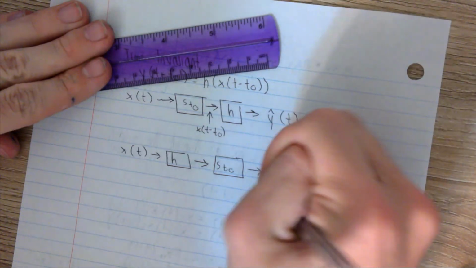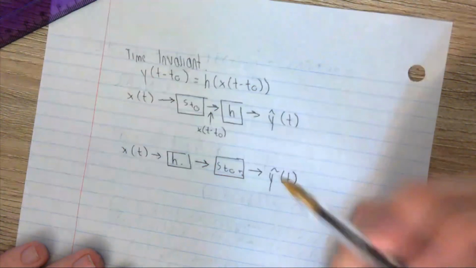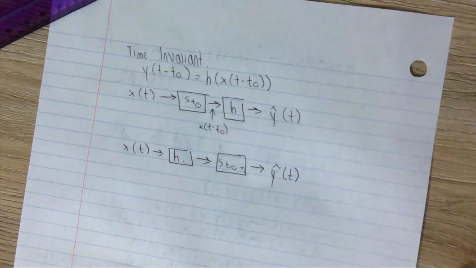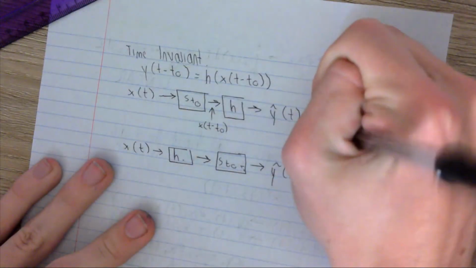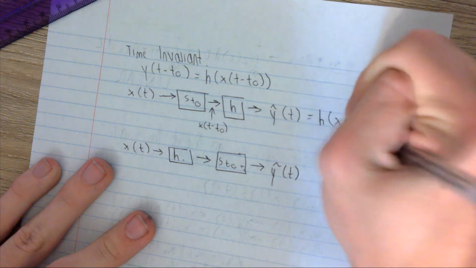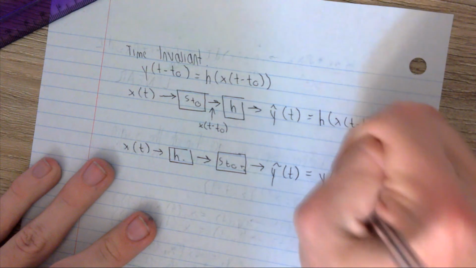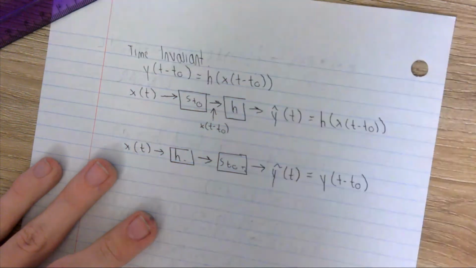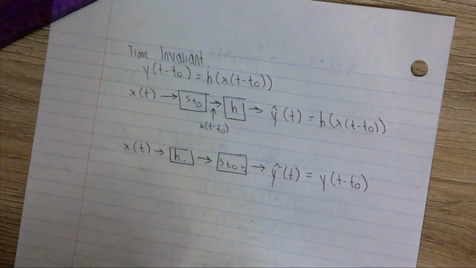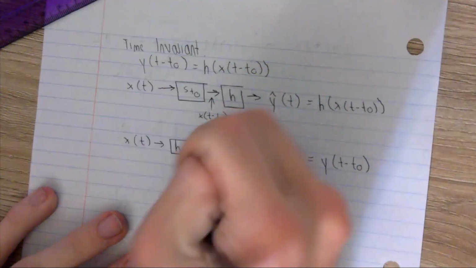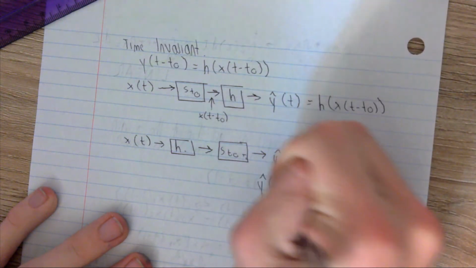After it's gone through the system, then we shift it, so that's basically y of t shifted here. This is equivalent to h of x of t minus t0, which is equivalent to y of t minus t0. A system which is not time invariant is called a time varying system. But for a time invariant system, y hat of t must be equal to y tilde of t.